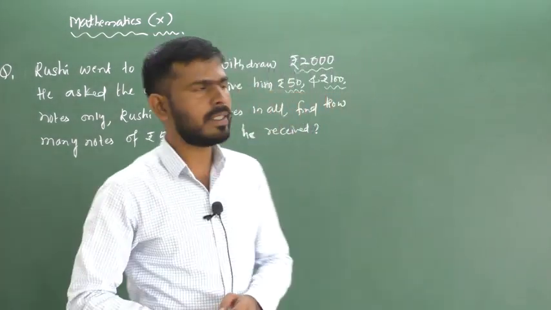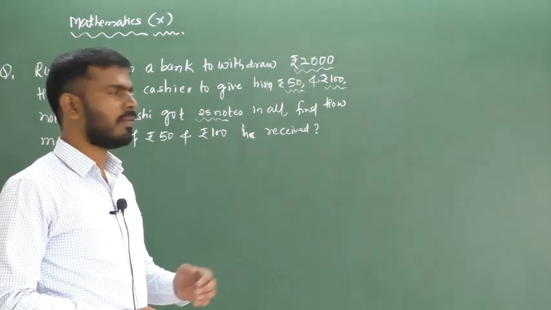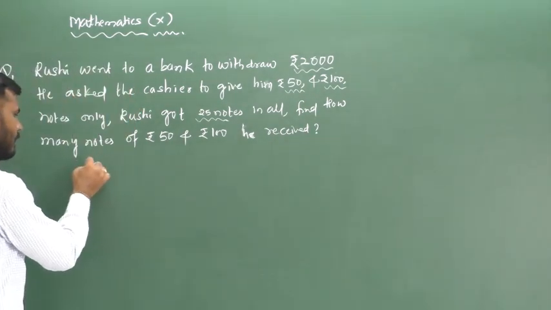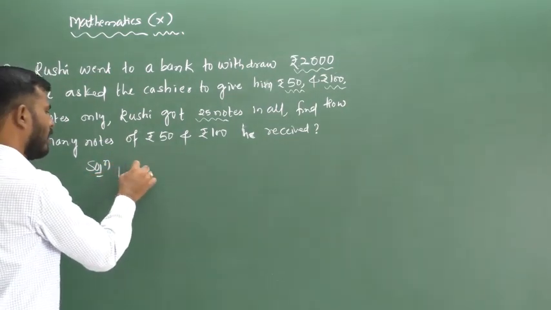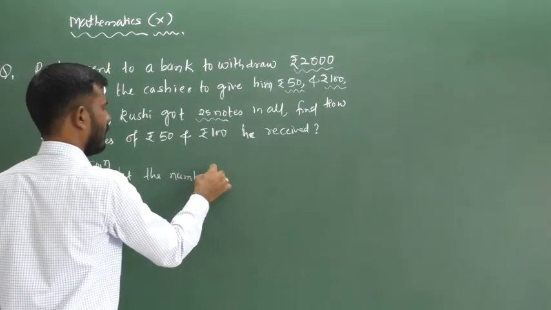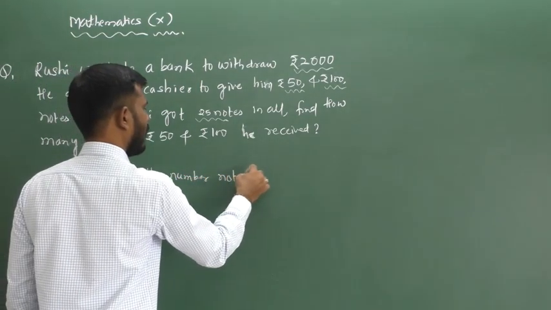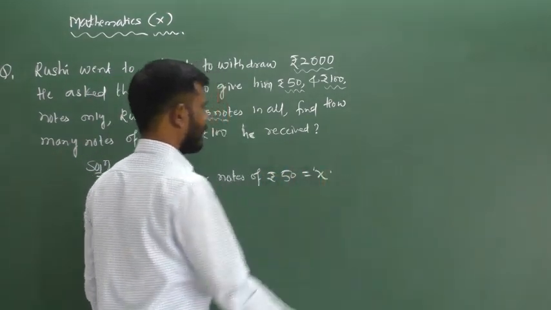Let us see how to find out the number of notes of 50 and the number of notes of 100. First step, let the number of notes of rupees 50 equal x.